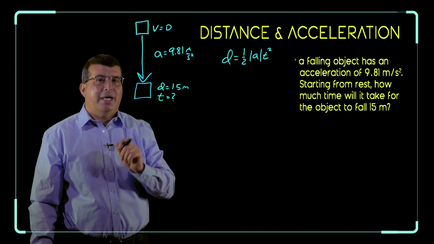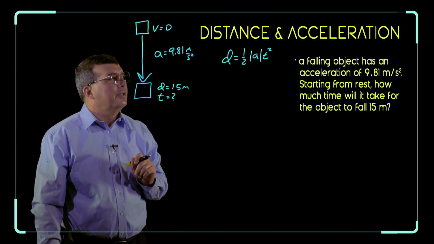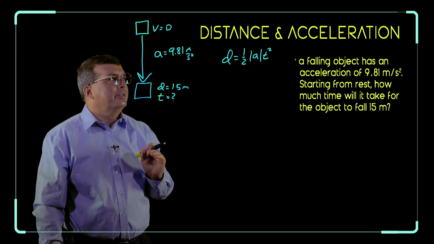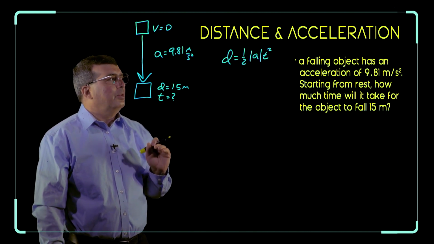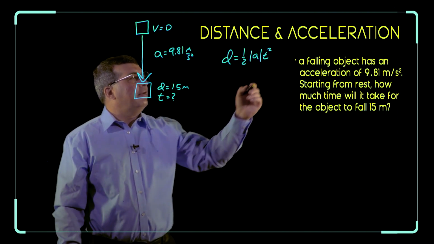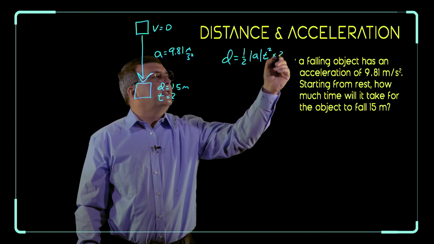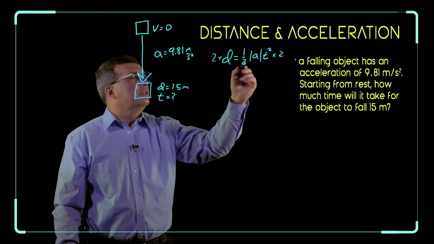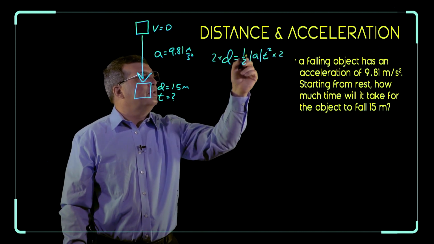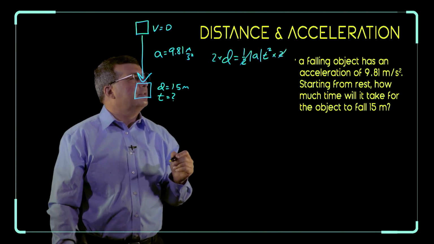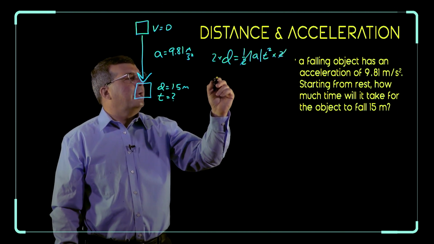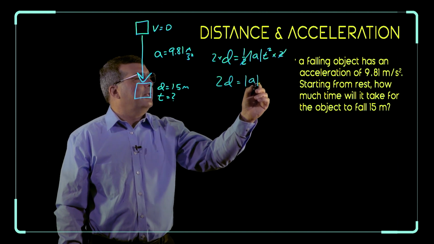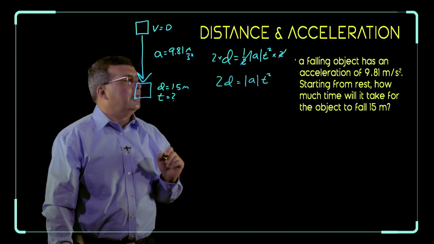Okay, we want to get time by itself. Well, I have this 1/2 right here. To get rid of that 1/2, I'm going to multiply by 2. The 1/2 of 2 is 1, so those cancel each other out. So I have twice the distance is equal to the acceleration times time squared.